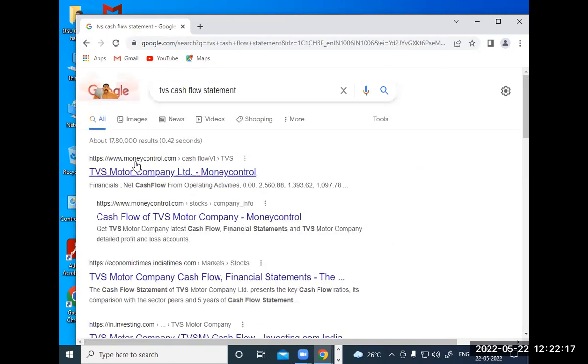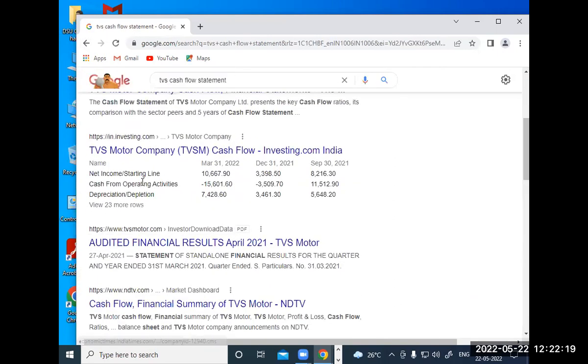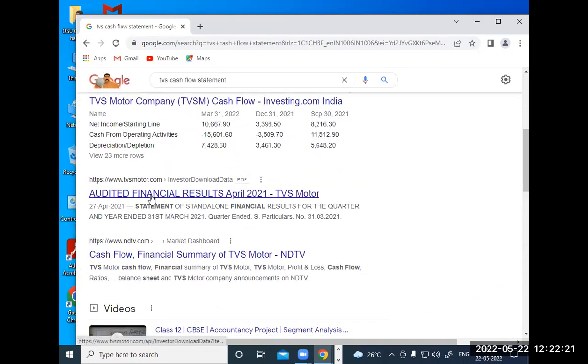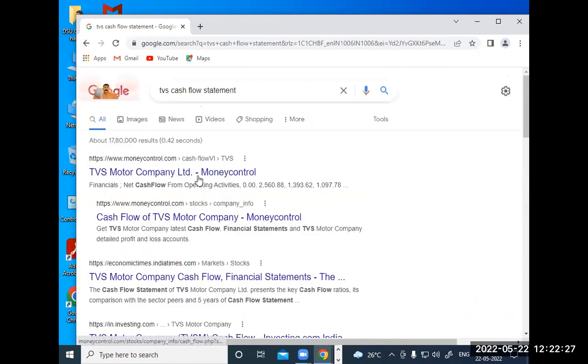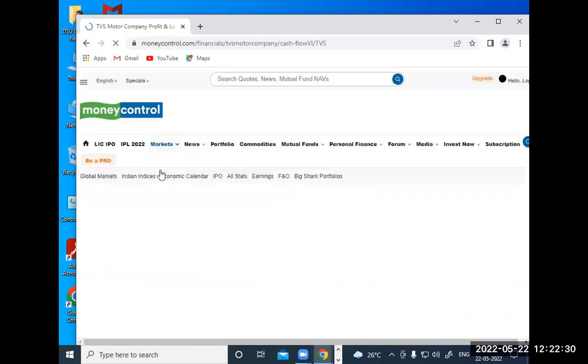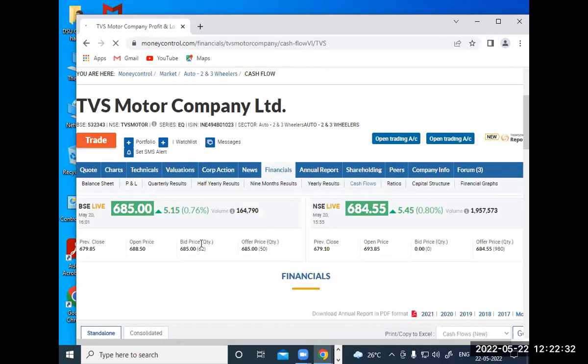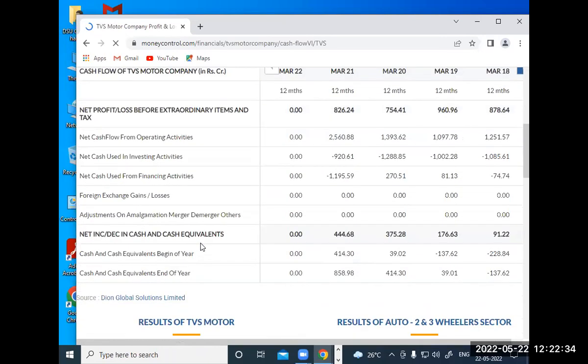You can share in the group, they can see. Please go through that. It's not compulsory to go to only one company. Any company of your choice, just have a look. That's all. Net cash flow from operating, net cash flow from investing.